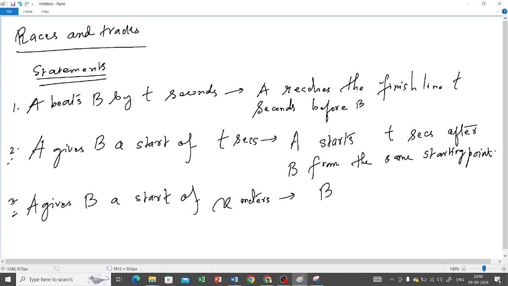That means B starts x meters ahead of A at the same time.